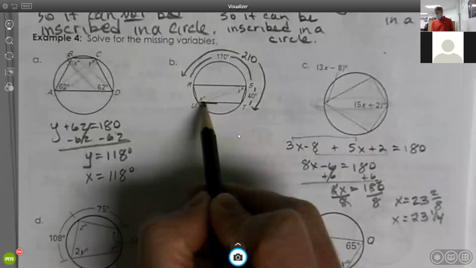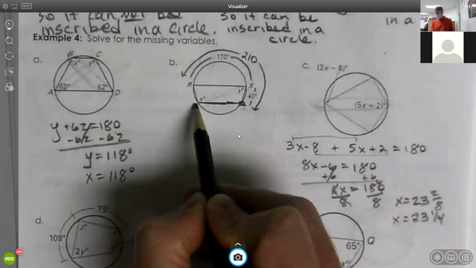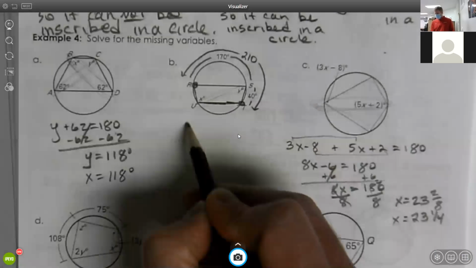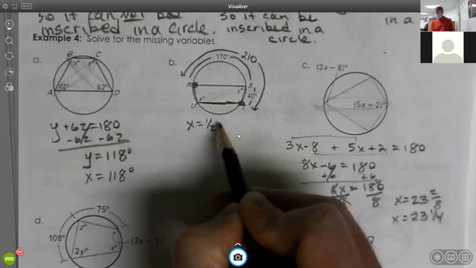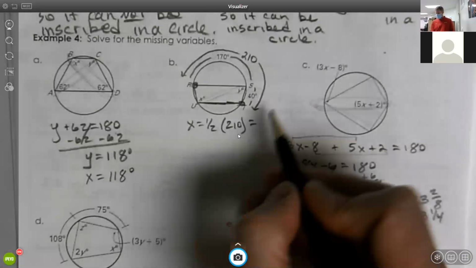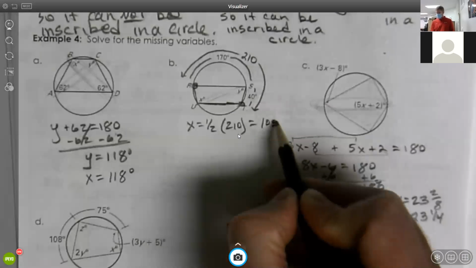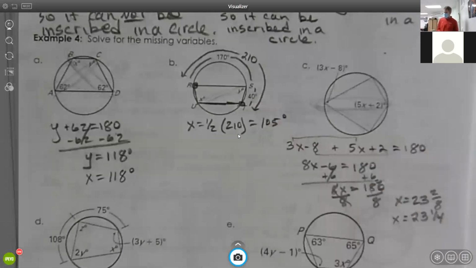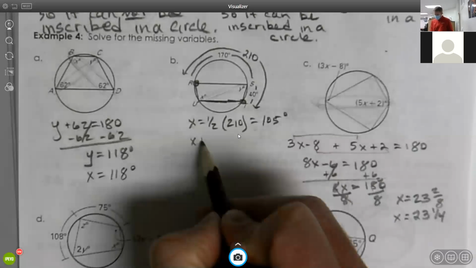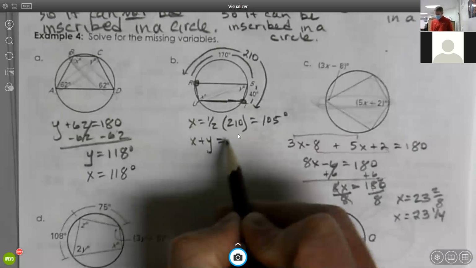Well, angle X touches at those 2 spots. So X is going to be half of 210. So X is going to be 105. Now, if you know that X is 105, you know that X plus Y has to be supplementary.